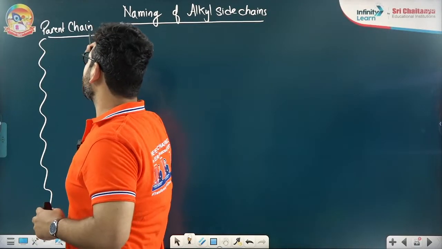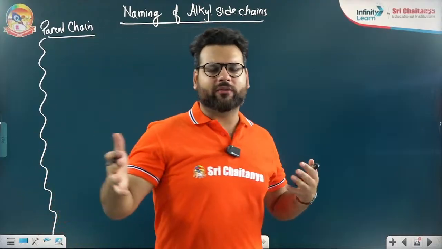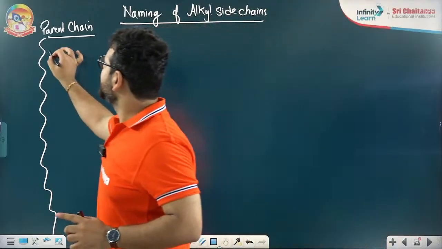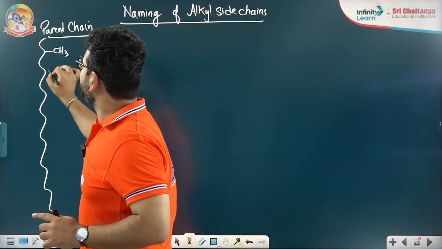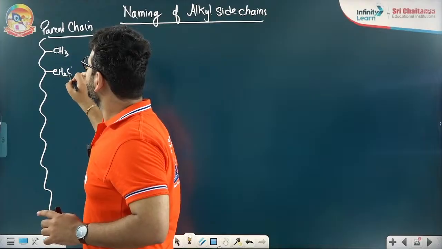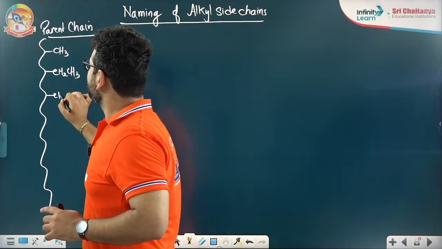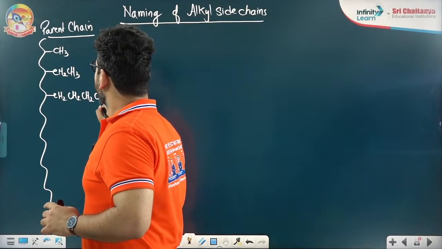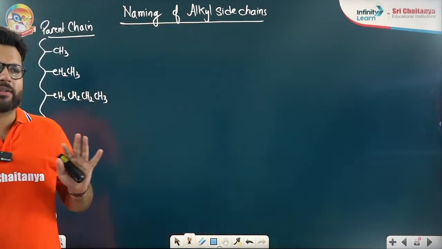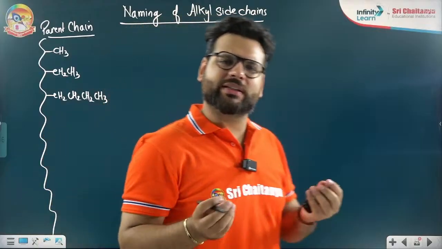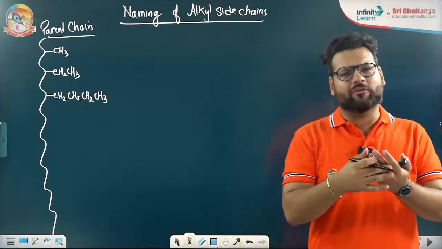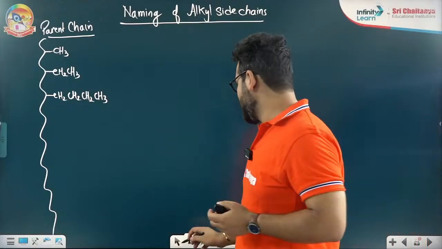A simple alkyl means a long chain alkyl without any branches, just like CH3, CH2CH3, CH2CH2CH2CH3. These are all simple alkyls. They have a fixed simple name: methyl, ethyl, propyl, butyl, pentyl. A long chain will be called a simple chain.